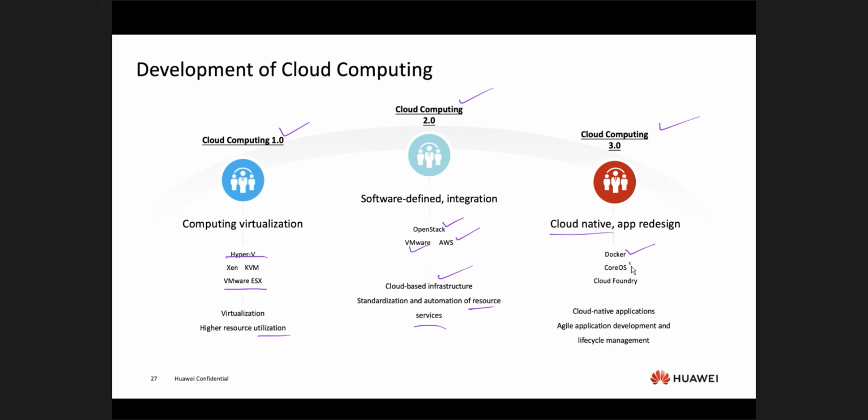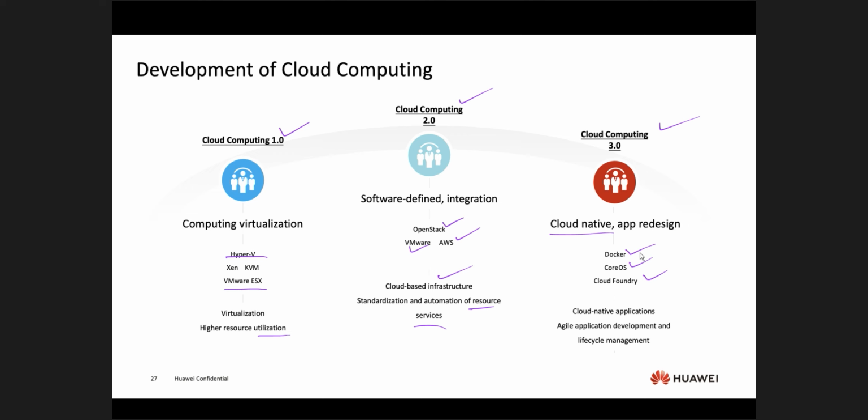And then you have CoreOS, which is also a lightweight operating system. And then lastly, you have Cloud Foundry. These are all just different vendors. But again, it allows you to have a cloud native application that's lightweight and to run that application. You can actually scale it up to 1,000 instances if you need it, or you can scale it down to 15 or 10, depending on what's the use case of that application. And that also helps with lifecycle management of certain apps.